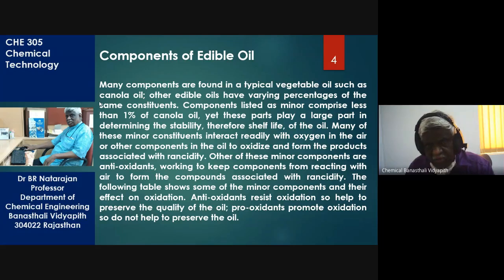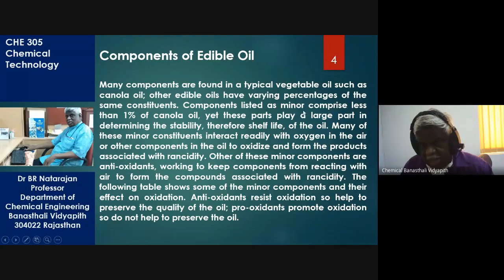The flowers of canola look like the mustard, but the composition will be a little different between mustard oil and canola oil, which is also called rapeseed oil. Other edible oils have varying percentages of the same constituents. More or less, the composition of the oils is the same except in terms of percentages, right?